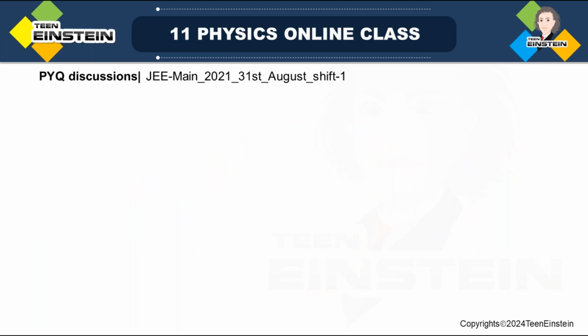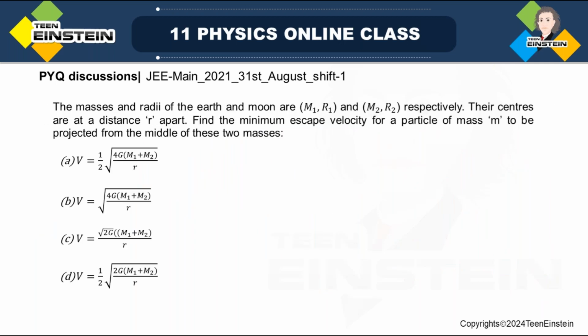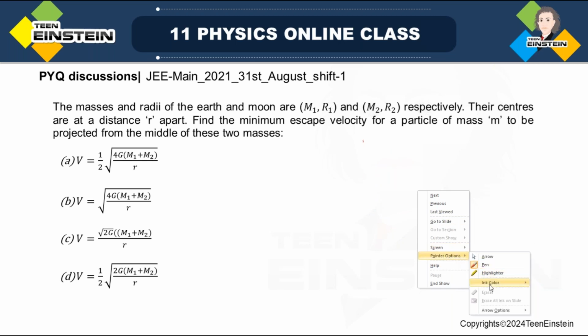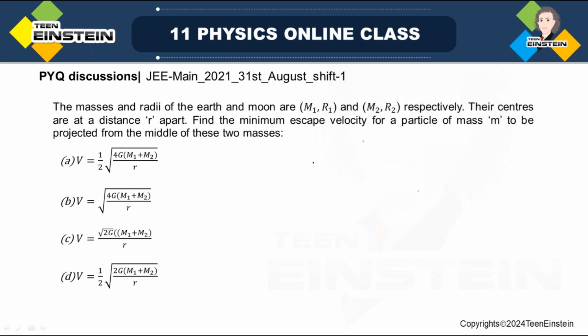All right, so we'll go to the next problem. This is again a very interesting problem. The problem says the masses and radii of the Earth and Moon are m1, r1, and m2, r2 respectively.